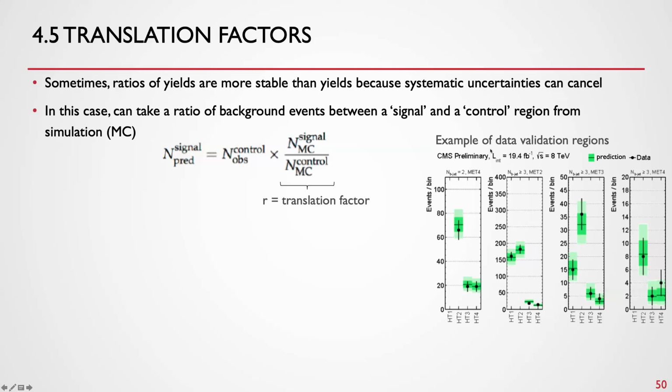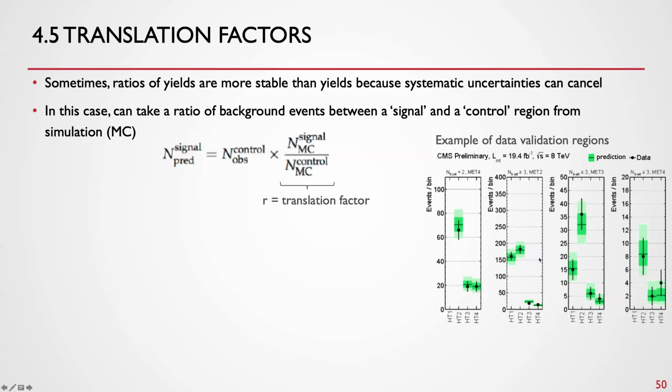I put an example here from a SUSY paper that uses highly energetic signal regions that are sensitive to processes with supersymmetry, with spectacular events that are difficult to simulate and difficult to calibrate.